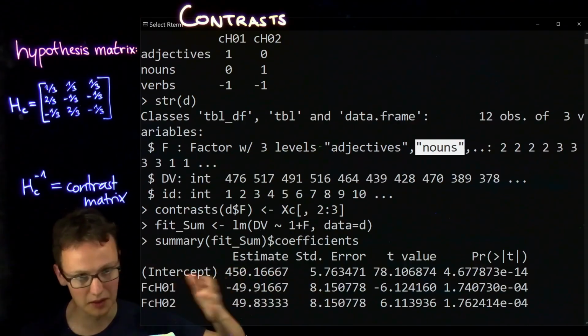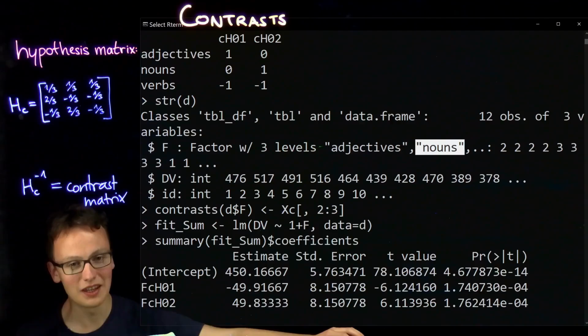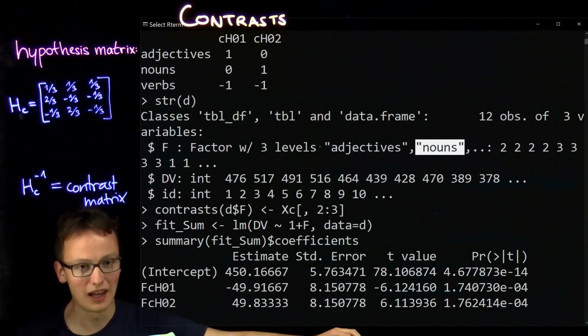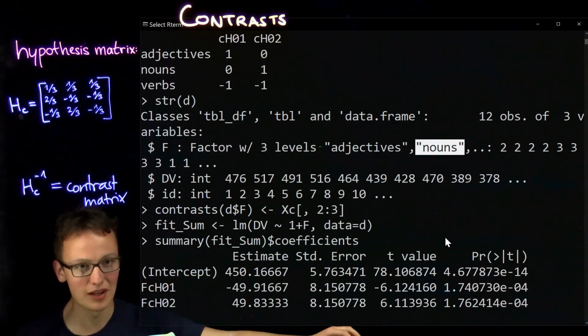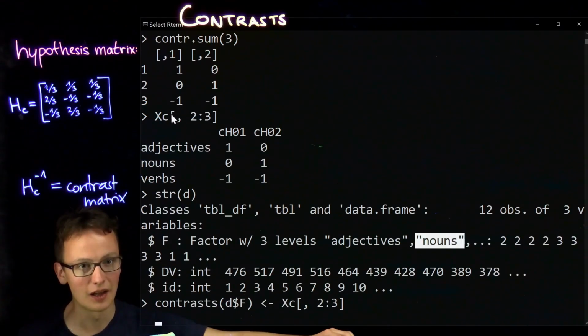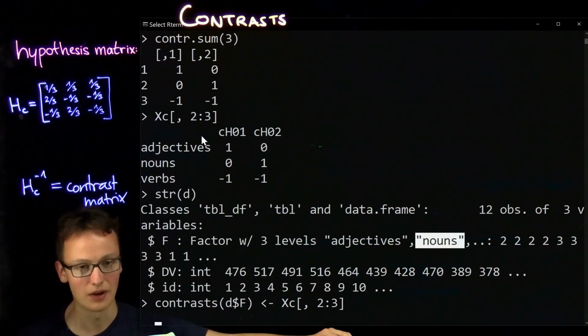So basically the output is as we already saw it for sum coding, with the only twist that we didn't have to rely on some packaged sum coding contrast, but we actually created them ourselves by computing the contrast matrix by taking the inverse of our hypothesis matrix, right?